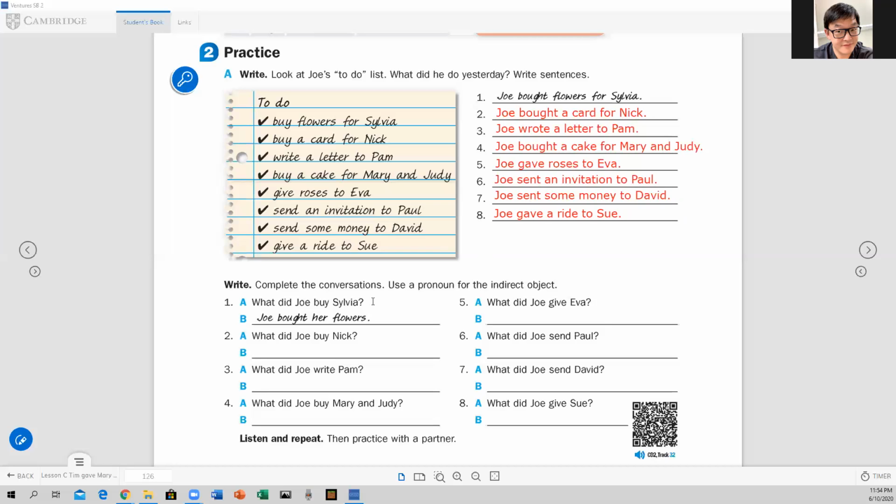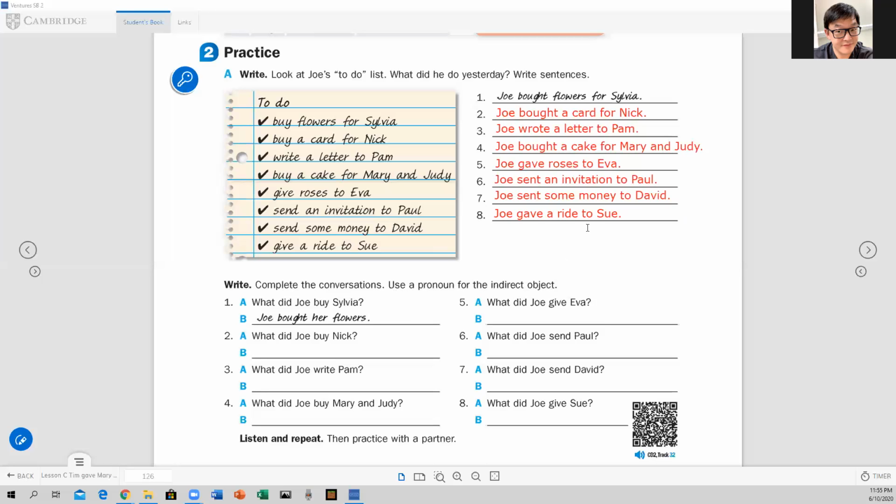Okay, so now we have to complete the conversations. Okay? Use a pronoun for the indirect object. What did Joe buy Sylvia? So pay attention here. You have to use a pronoun for the indirect object.